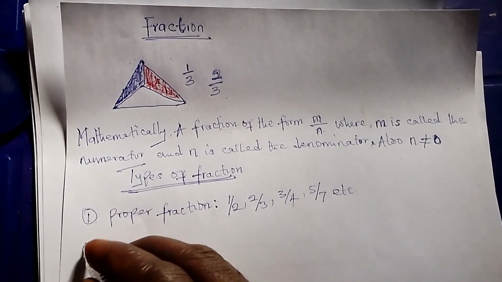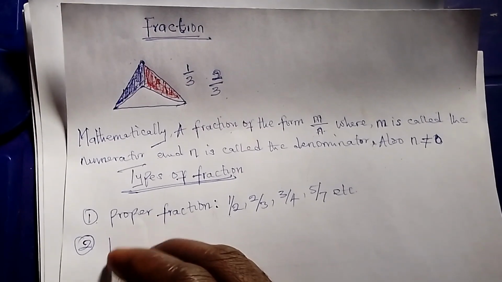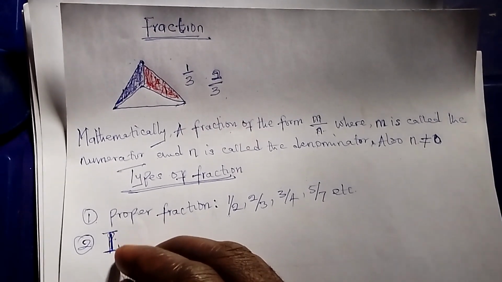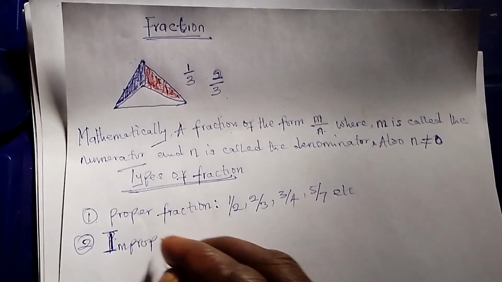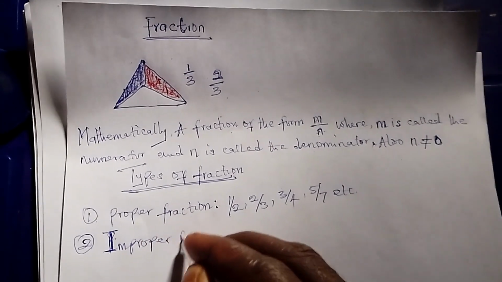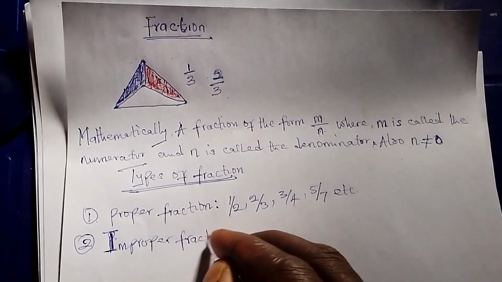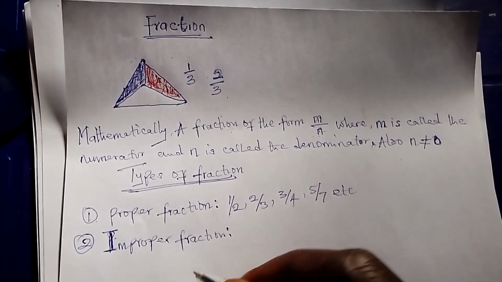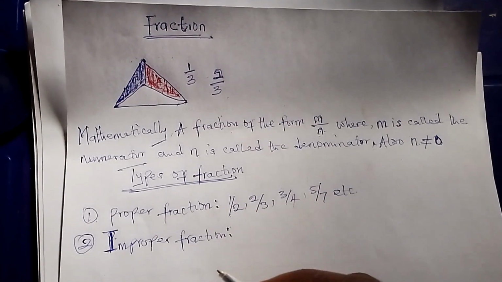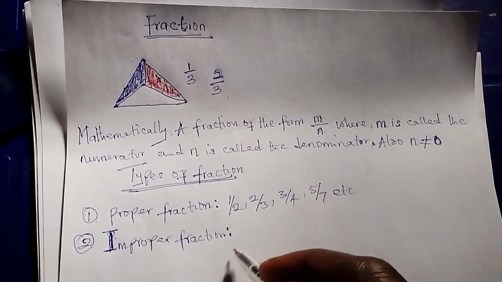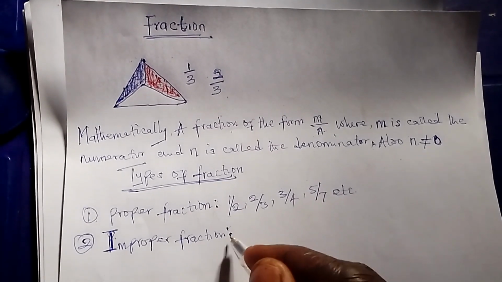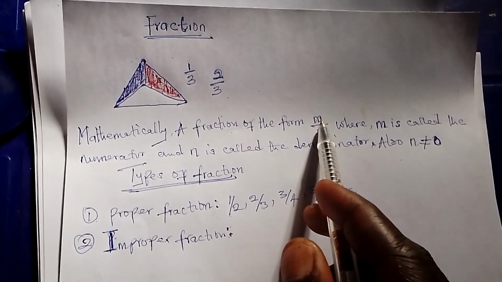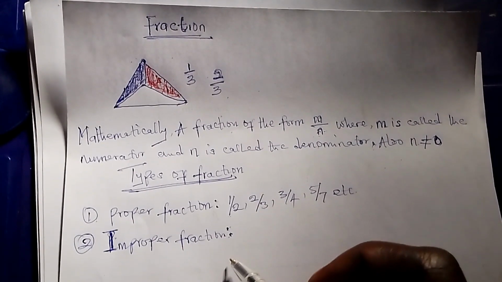Then the second type of fraction is improper fraction. So now, improper fraction is just the opposite of proper fraction. From that word improper, it's a situation whereby the numerator now is greater than the denominator.